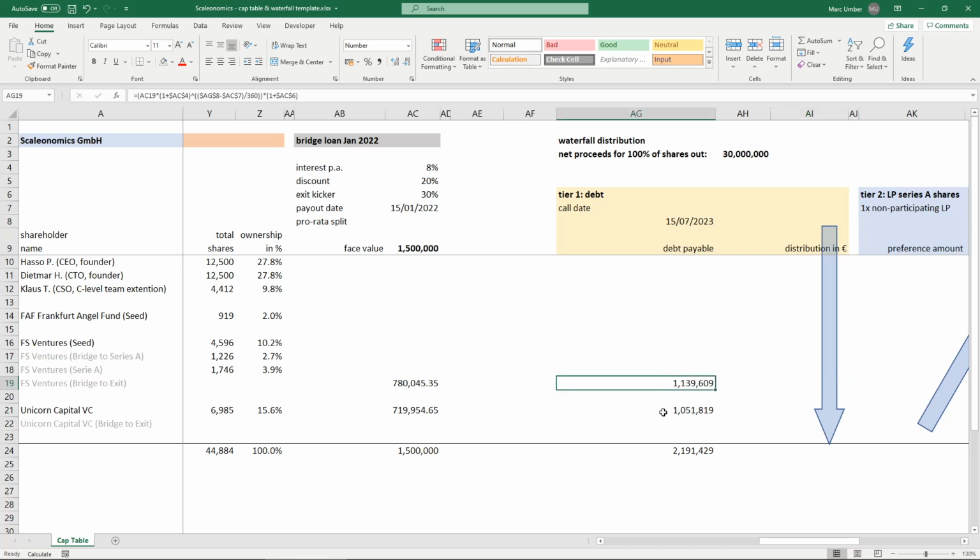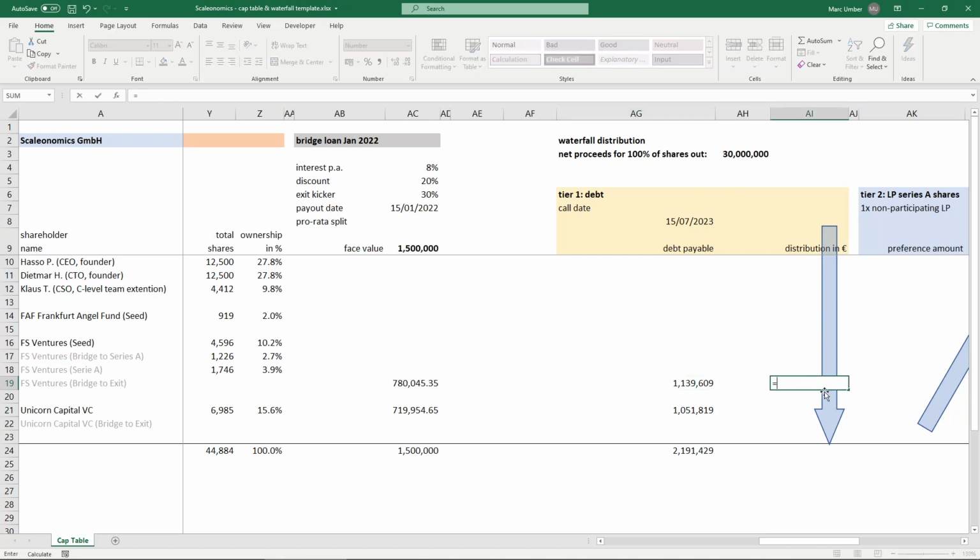Typically, the split is pro rata according to the tier of the waterfall distribution. So Frankfurt School will be eligible for slightly more than 50% on this tier, and Unicorn Capital will retrieve slightly less than 50% on this tier if there's not enough money on the table.